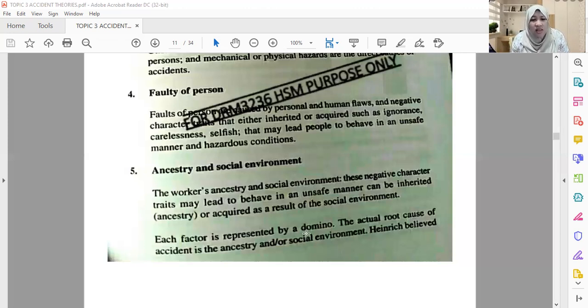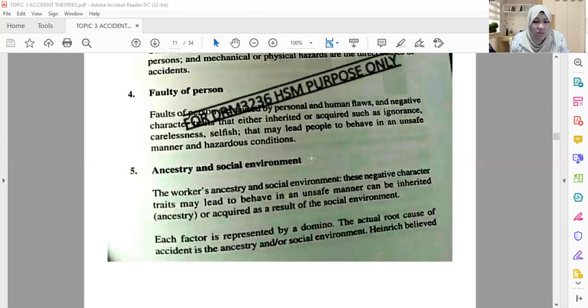So this is the thing, because you try to behave in an unsafe manner. For you, nothing wrong if not using PPE. Simply minded, okay? Fikiran yang sangat cetek lah, tak terbuka. Or acquired as a result of the social environment. So certain people might be affected by the social environment itself.